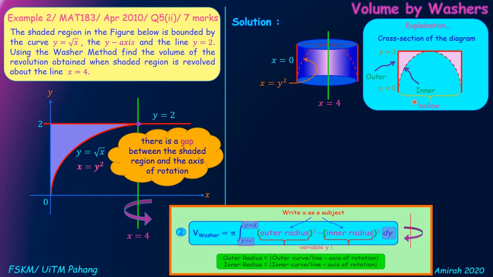A washer is like a disc, but with a center hole cut out. This is the hollow. This is the solid diagram and this is the cross section of this diagram. From outside it looks like a cylinder, but actually inside it has a hole, and this is the shape of the hole.